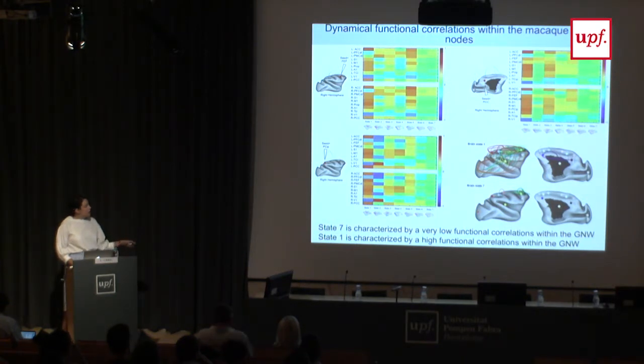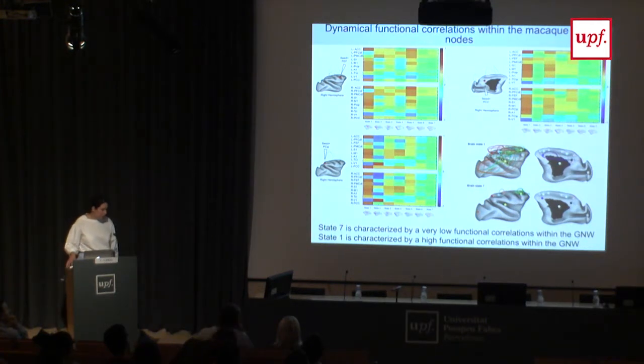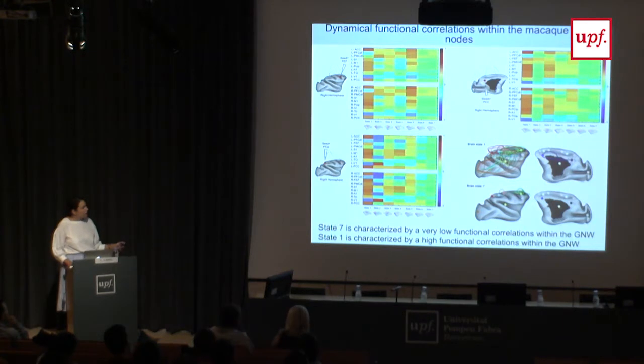And when you look also at the key nodes of the global neuronal workspace in the monkey for the dynamic functional correlations, you see that in state 1, all these key nodes of the global neuronal workspace, like prefrontal, parietal cortex or posterior cingulate cortex, are highly connected in the monkey brain.